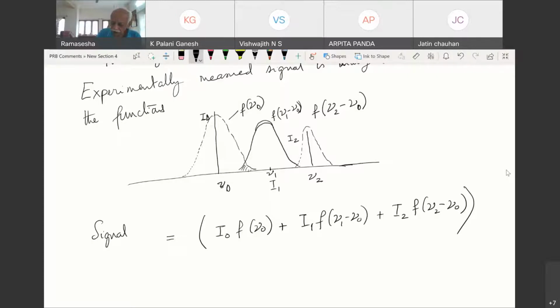That is the reason why I have taken it as nu2 minus nu0. Otherwise, what will happen? If you are shifting the function to the right by say xi, then the function is f of xi. Okay, but here because you are taking the overlap to the left, it's going to be xi minus.